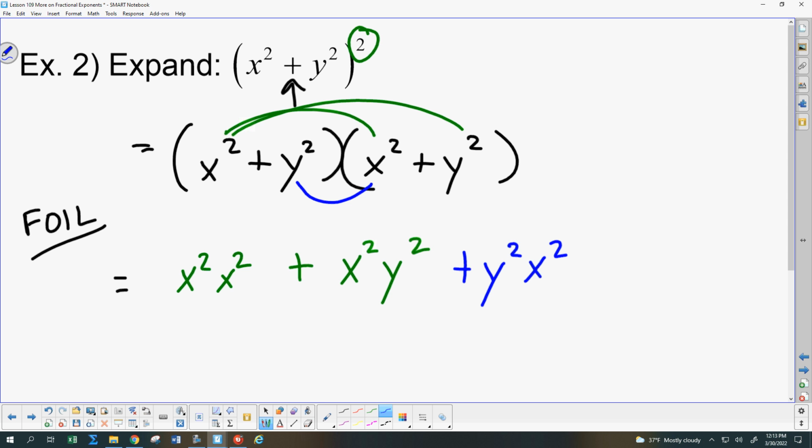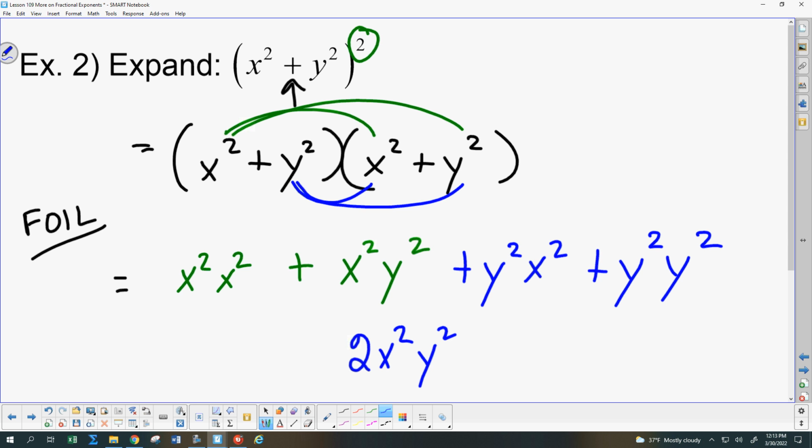Some of you might have noticed that was the same and just gone ahead and said 2x squared y squared right there, and that would have been okay. Got to finish FOILing, L times L. I have plus y squared times y squared. If you were able to do it in mental math, you could have skipped that line and said x squared times x squared is what?